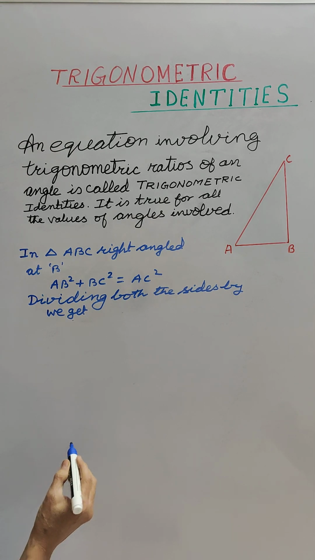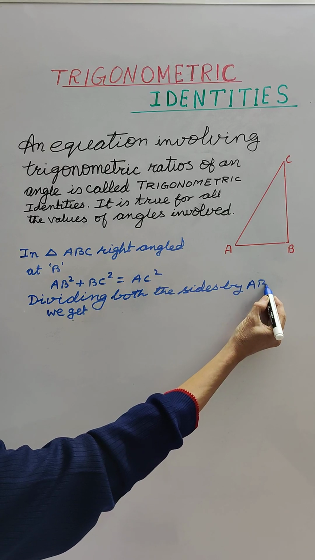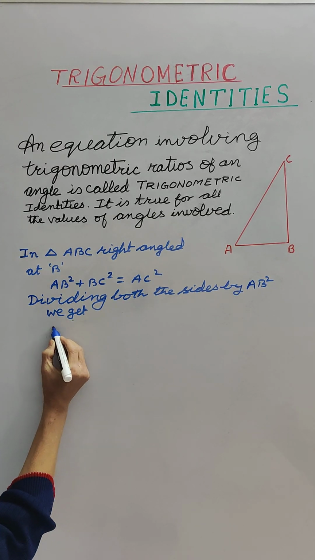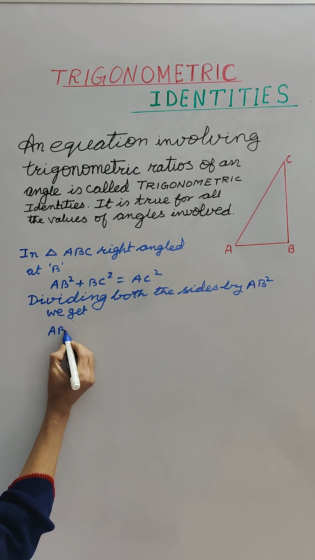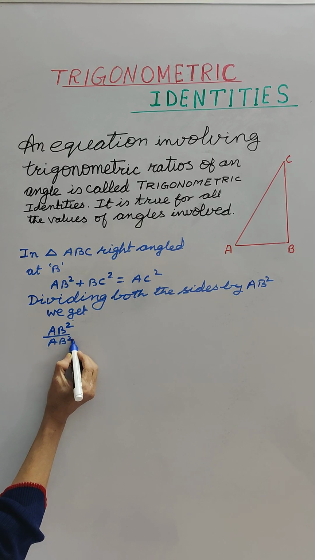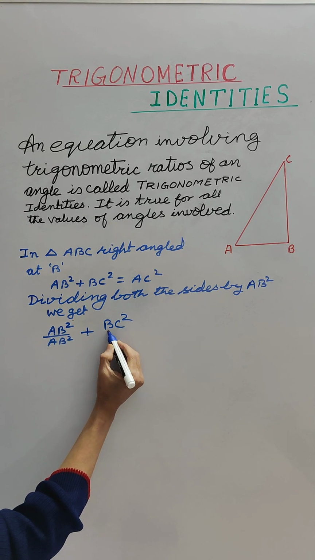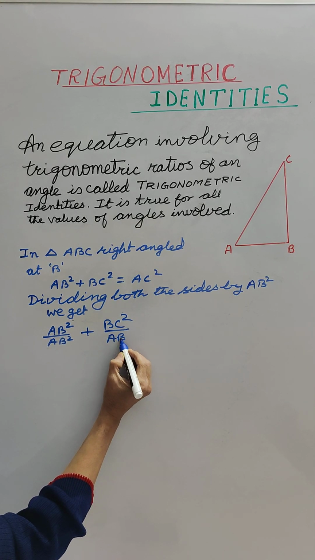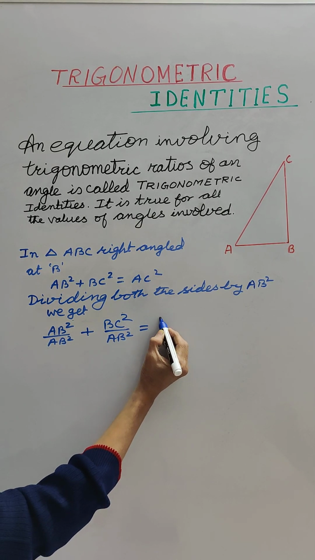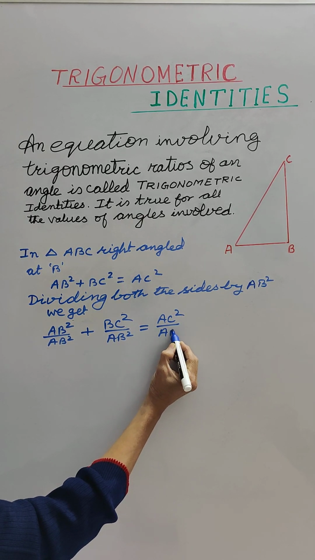Dividing both the sides by AB square, we get AB square upon AB square plus BC square upon AB square is equal to AC square upon AB square.